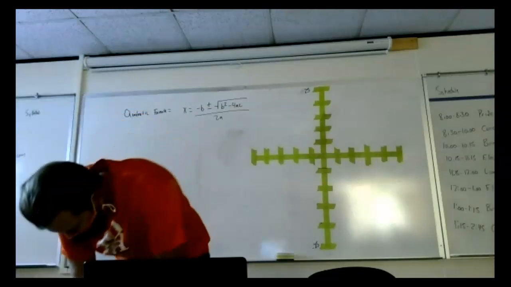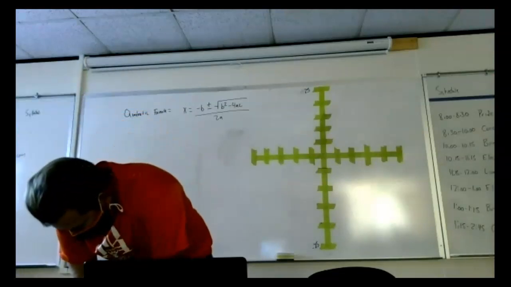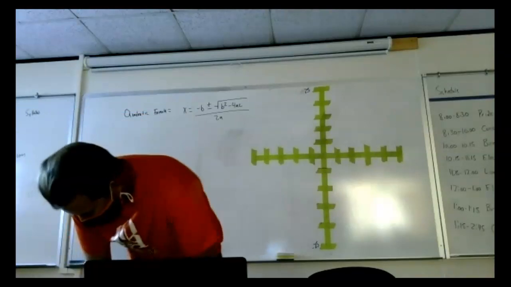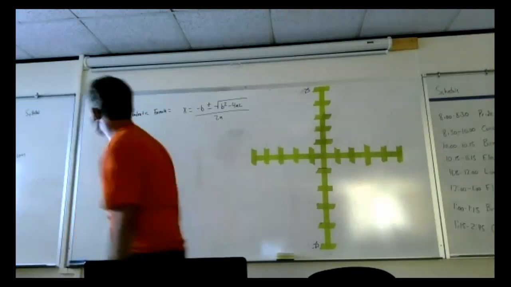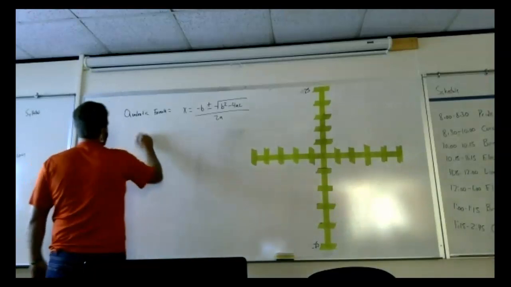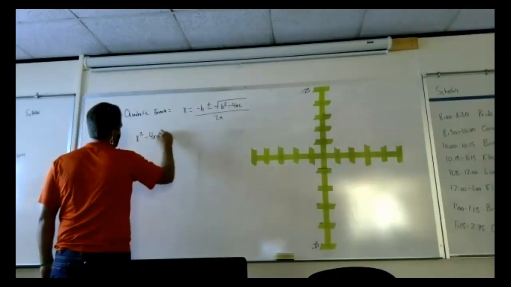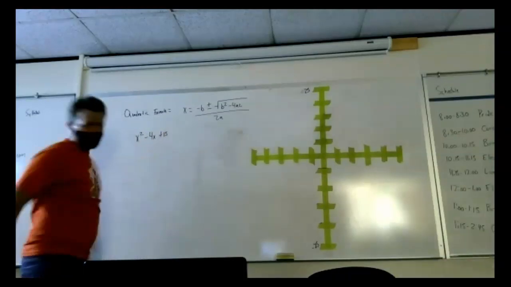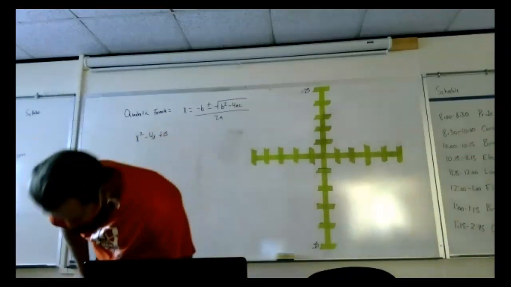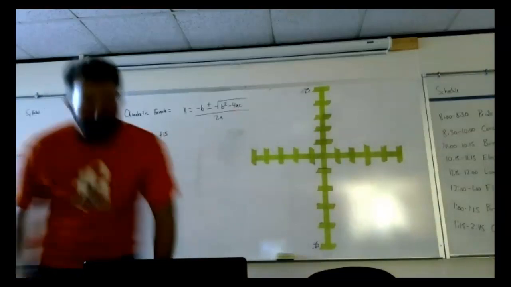Okay, and the example that we're going to work on is example 6, and they give us x squared minus 4x plus 15. So x squared minus 4x plus 15.